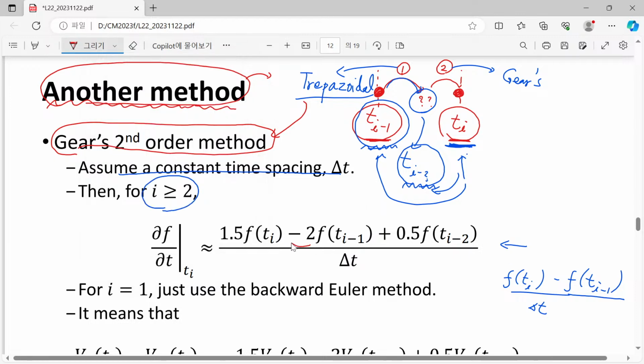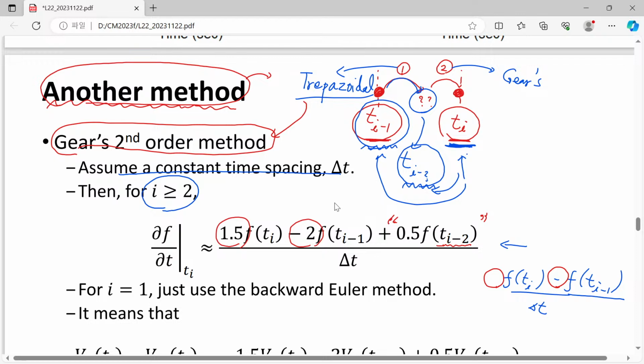Here we have minus 2 and here minus 1, and here we have 1.5 and here we have positive 1, and in addition we have an additional dependence on the second past time instance. So that is the difference for our Gear's second order method.